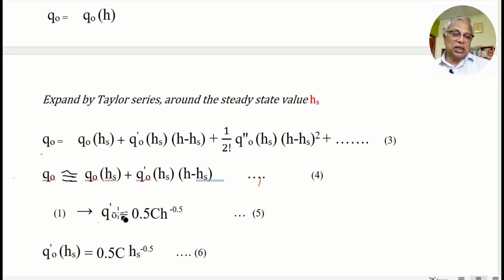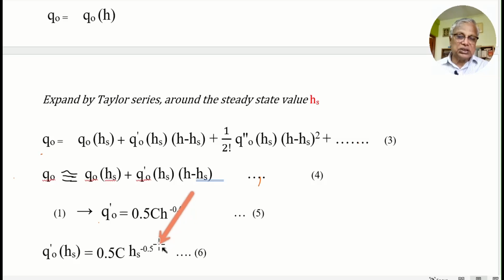So Q naught prime equals 0.5 into c h power minus 0.5. I am differentiating equation 1. Now the first derivative evaluated at h's will be what? Substitute h's. So this term is equation 6.